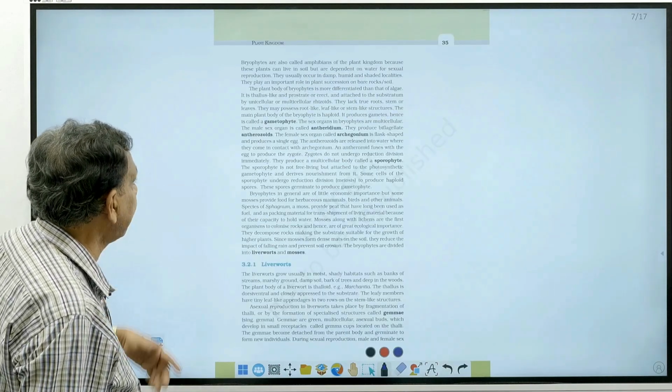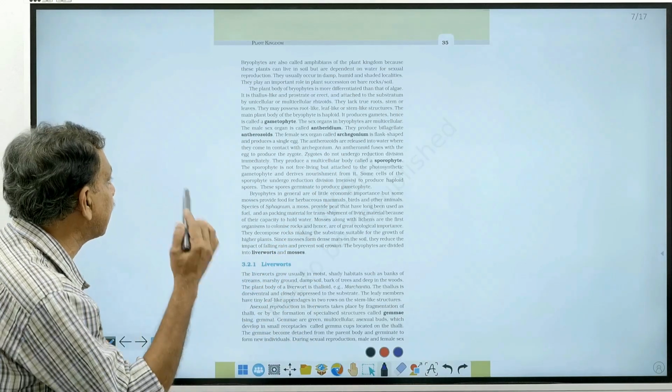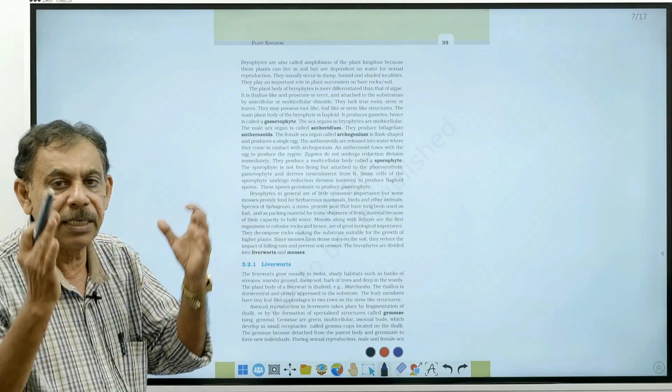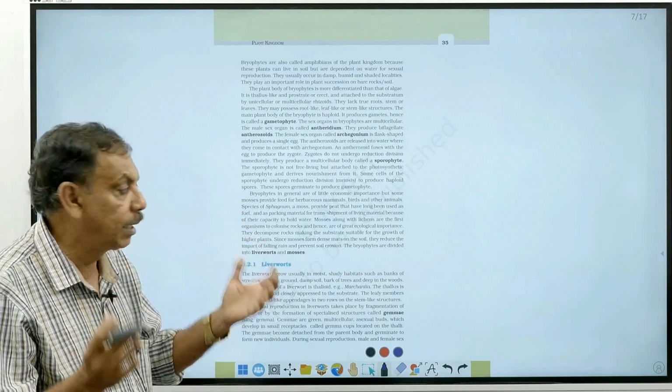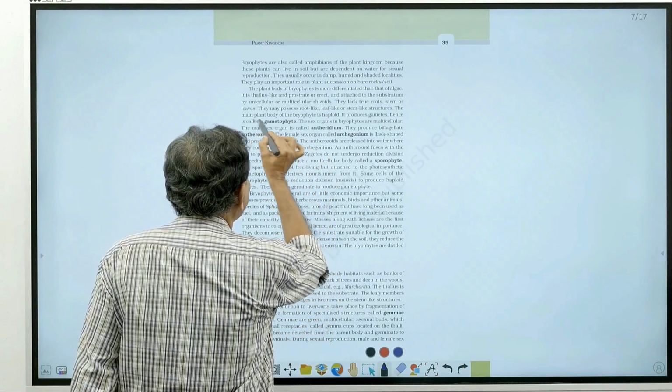Now you see that they are called the amphibians of the plant kingdom, because without water they cannot complete their lifespan. Now you can see the main plant body. The main plant body in liverworts is made up of a haploid structure.